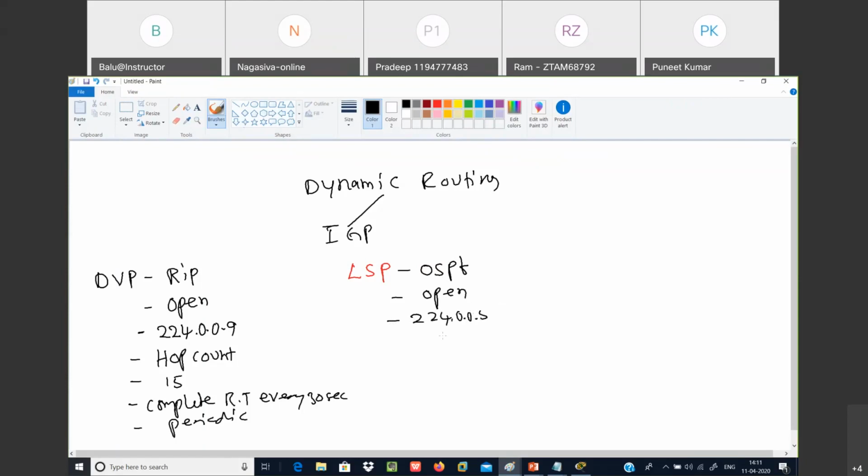Perfect. And the metric of the OSPF protocol, how OSPF finds the best path. OSPF finds the best path based upon what? Bandwidth, speed. To calculate the bandwidth, in Cisco we use one formula, 10 to the power of 8 divided by bandwidth.